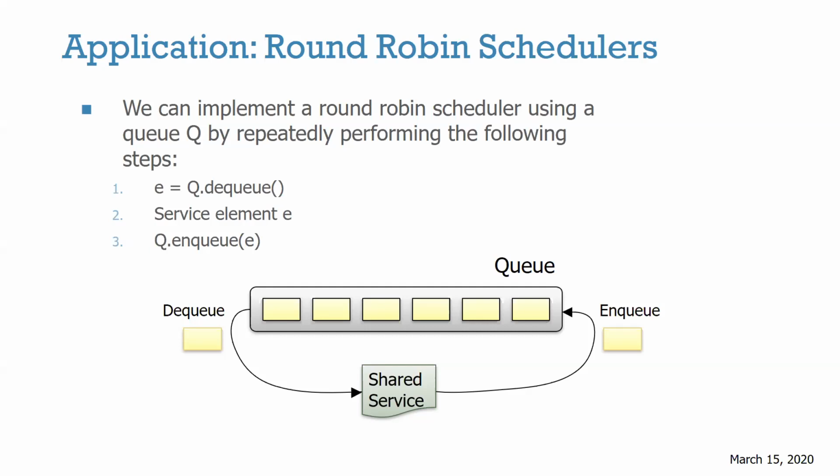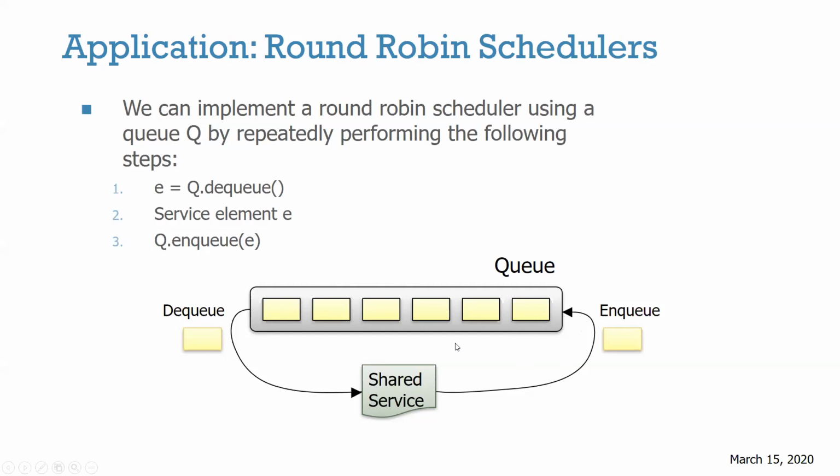Started with DQ the first from the front, serve this service or call this service or share this service, and again after finish, insert it in the queue again. EnQueue meaning that we enqueue at the rear, also one by one.